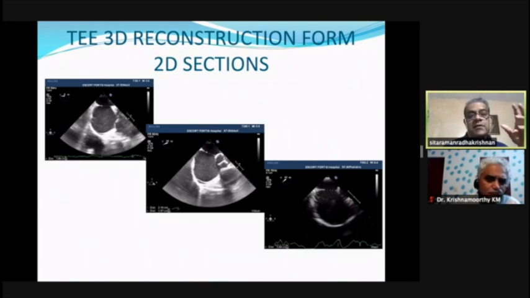But then it has to be a very disciplined performance of a 2D echo. If you see 2D TEE images of atrial septal defect, I'm sorry to say most of them are nonsense. It is very difficult to actually reconstruct a 3D picture from a 2D TEE picture. That is what is actually necessary.